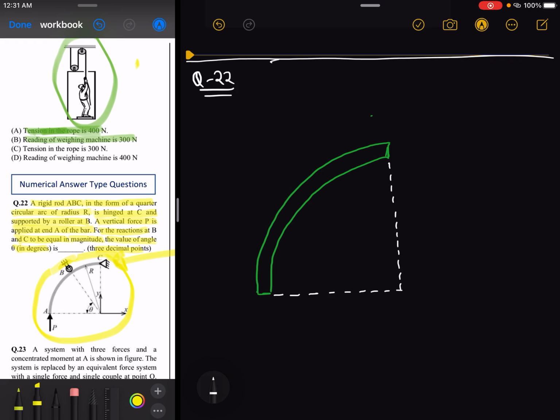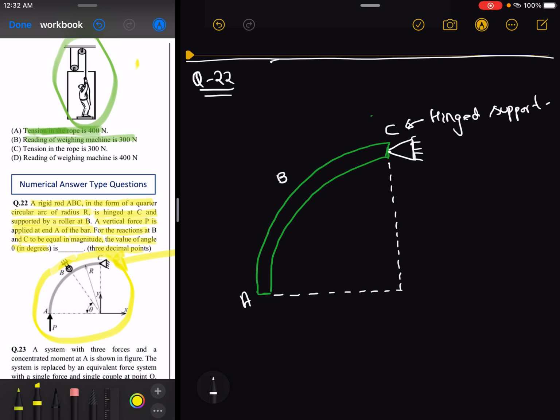Here he has marked this point C, and it is mentioned in the question that C is the hinged support.